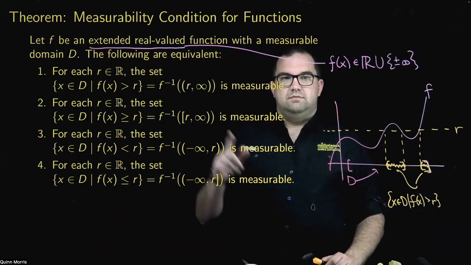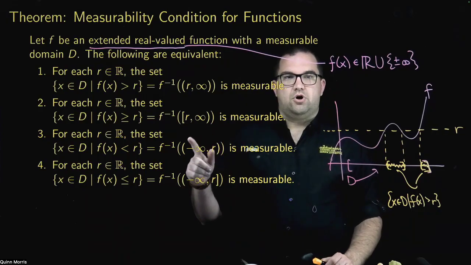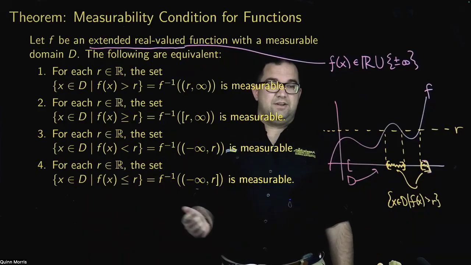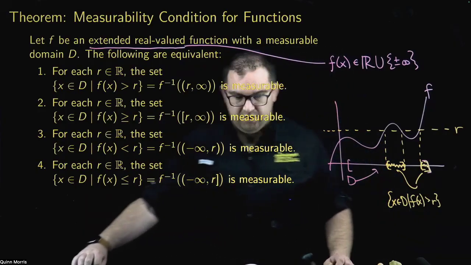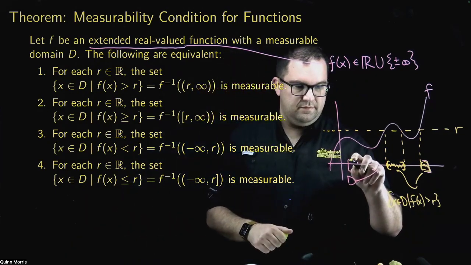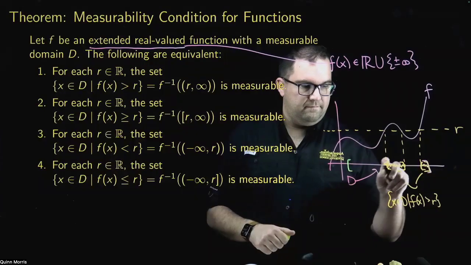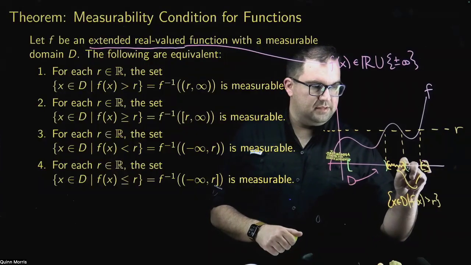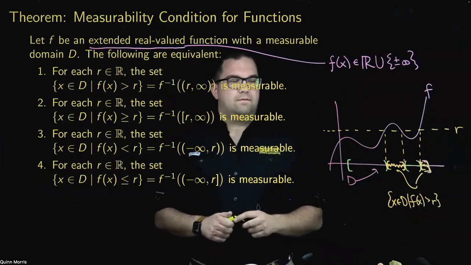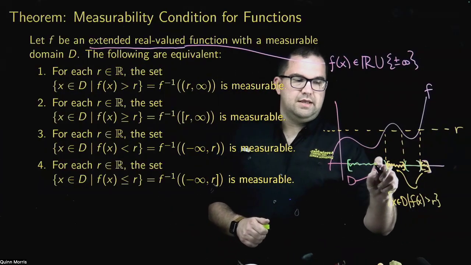Number 3 says for each r, the set of all x in the domain such that f of x is less than r. Well, that here really is just the complement of this set in D. That would be like this. And so this yellow set here.